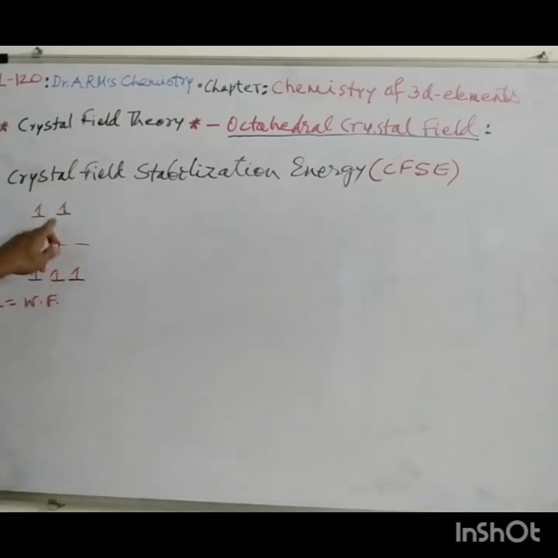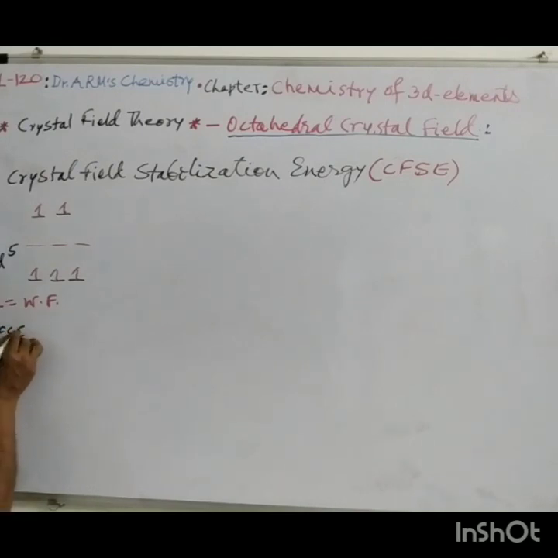The 3 electrons will enter into the lower energy t2g orbitals, and the remaining 2 electrons will enter into the relatively higher energy eg orbitals. So with this, we can find the CFSE.